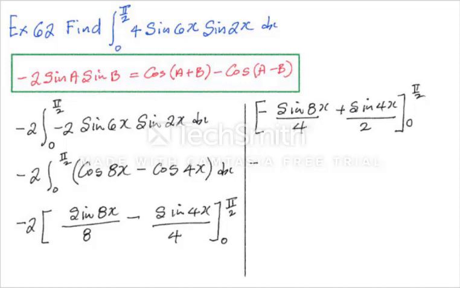So this is minus the sine of 8 times pi by 2 divided by 4 plus the sine of 4 times pi by 2 divided by 2.